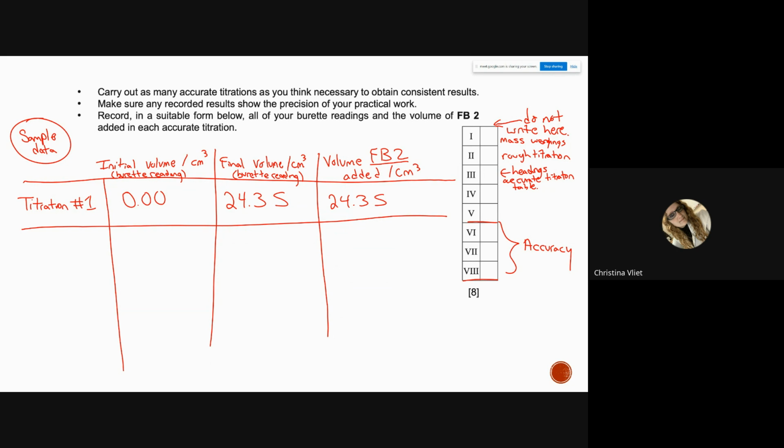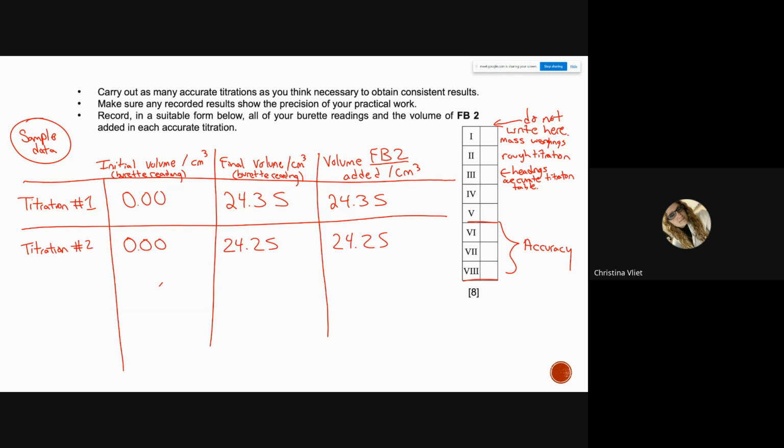I'm going to give you another sample data, titration number 2. So this is just sample data we're going to work off of. 0.00, 24.25. So for Mark 3, you have to have your headings.